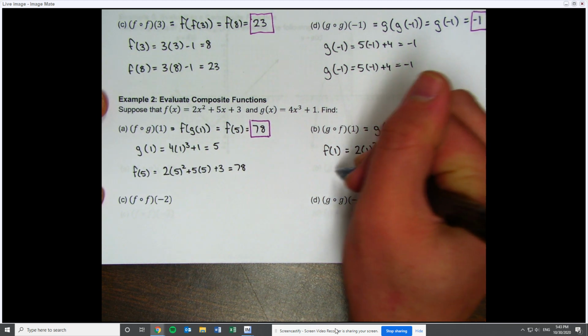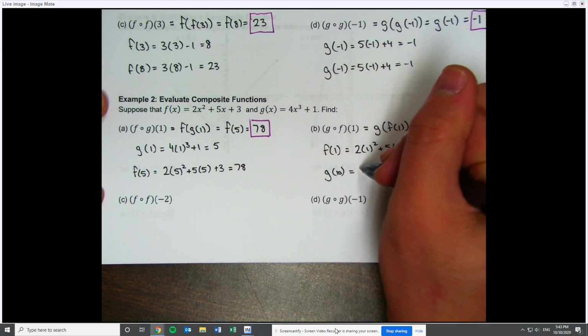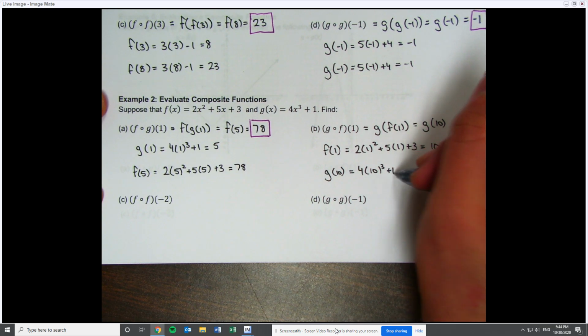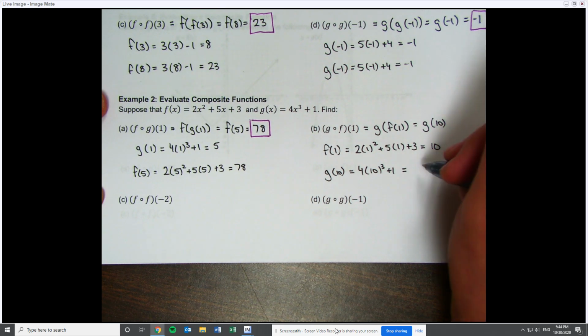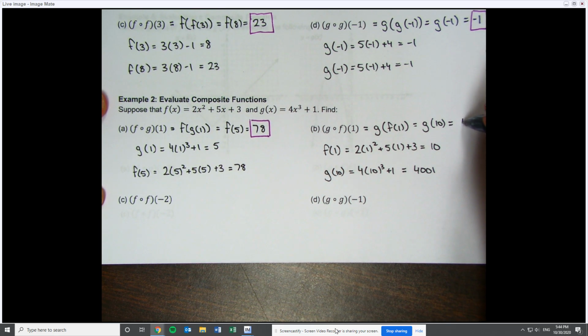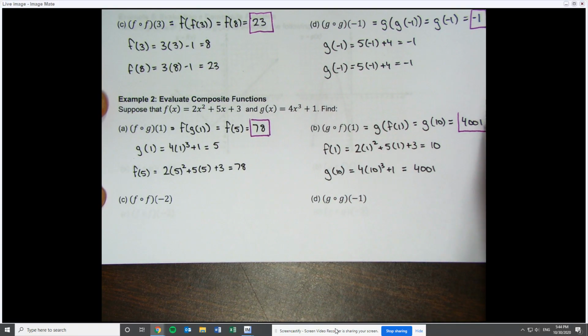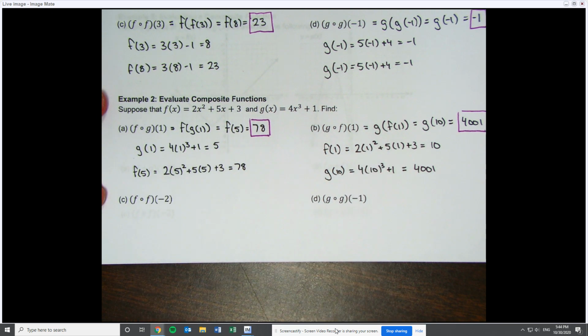Doing g of 10, I have 4 times 10 to the third power plus 1. 10 to the third is 1,000 times 4 is 4,000 plus 1 is 4,001. So even if they're evaluated at the same x value, reversing the composition gives you drastically different answers.